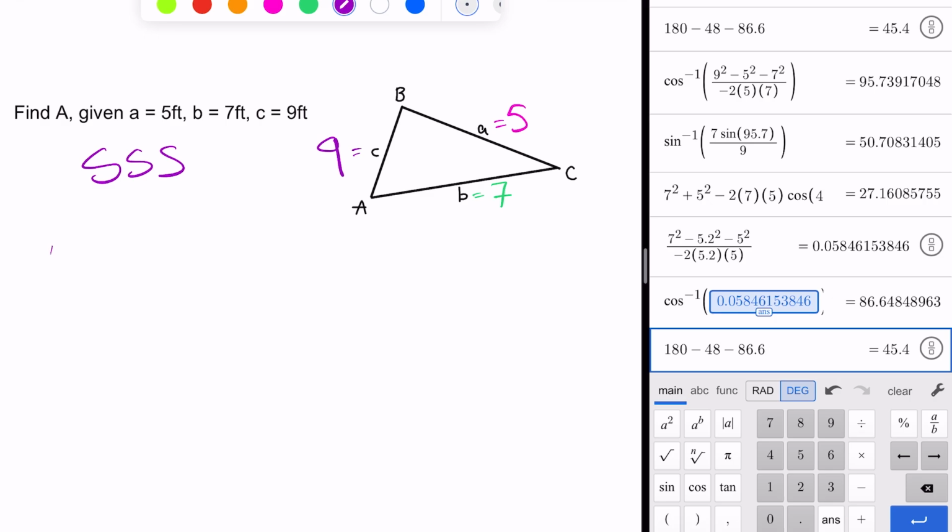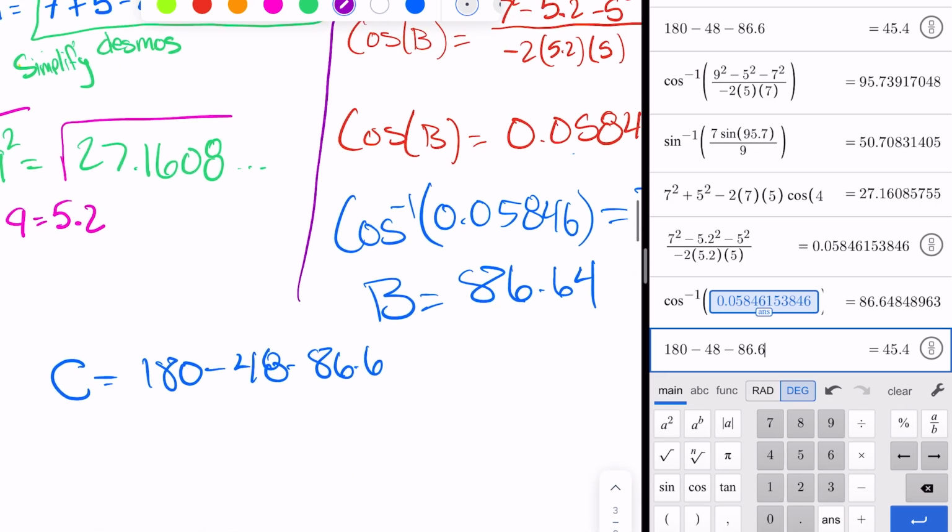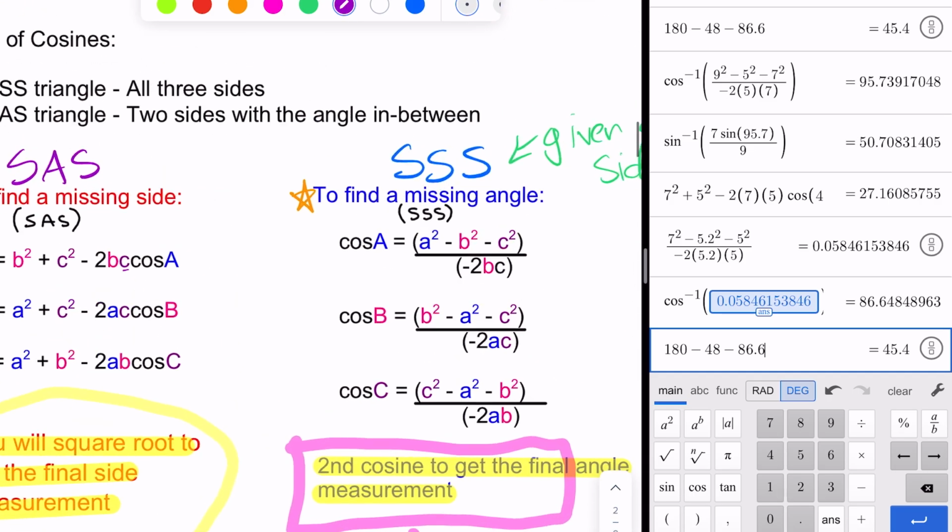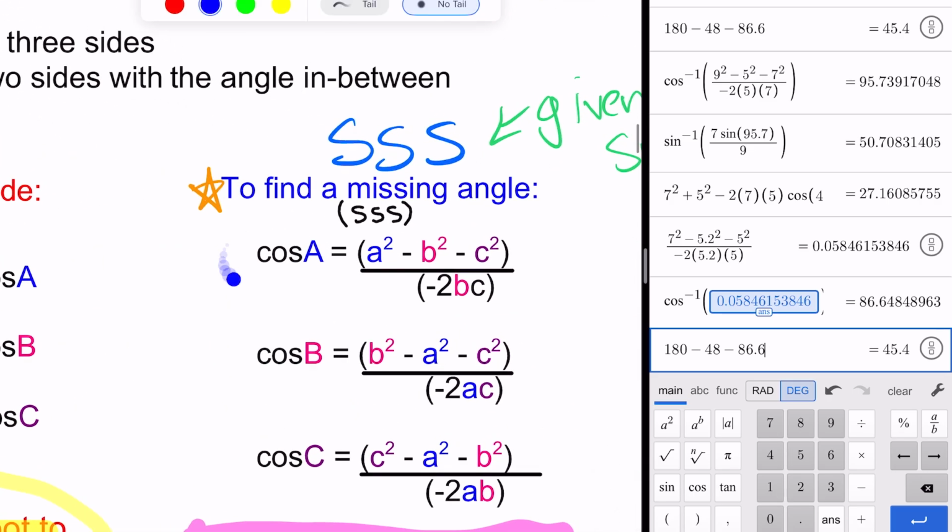In this case, I'll go cosine of A is equal to, and I split these up. So I'm going to start with my A squared, so 5 squared minus my B squared, which is 7 squared, minus 9 squared. This is going off of this first formula.